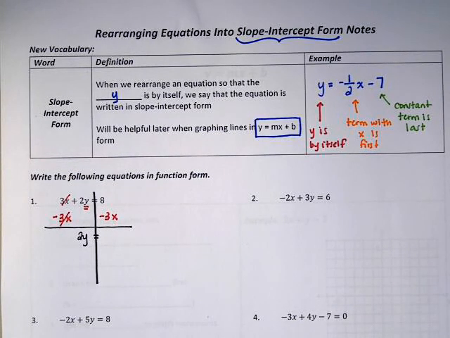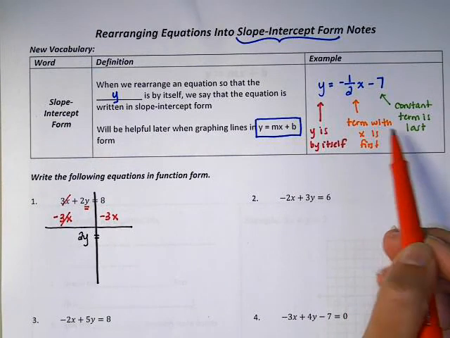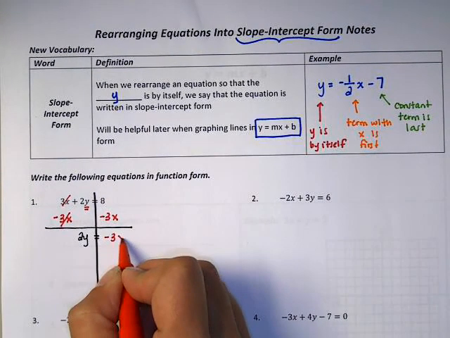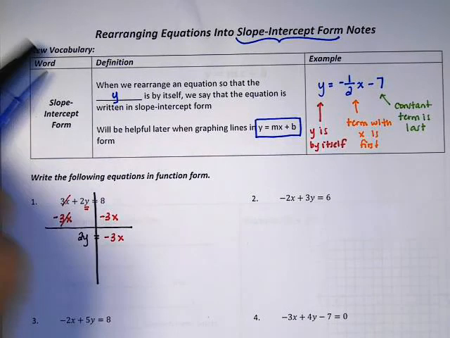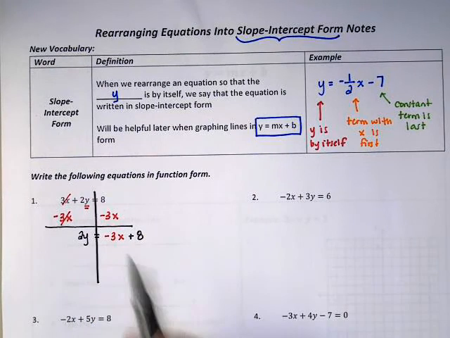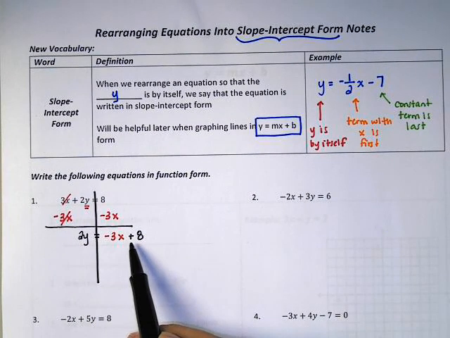What we're going to do is just write both of those terms down separately, but we're going to put them in a very specific order. We want the term with the x first, so I'm going to write the negative 3x first, and then I'm going to drop down the positive 8. You'll notice I added a plus sign there because this is a positive 8.